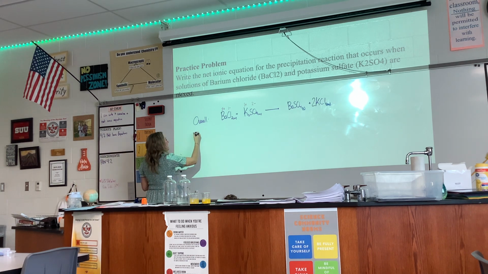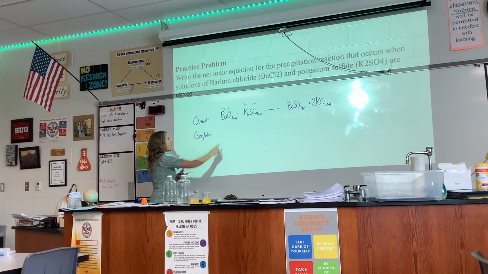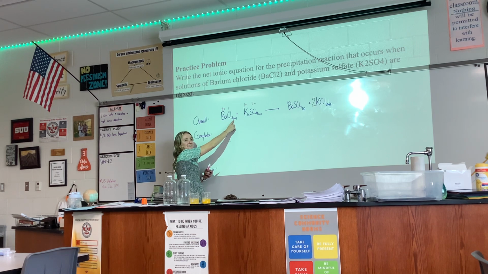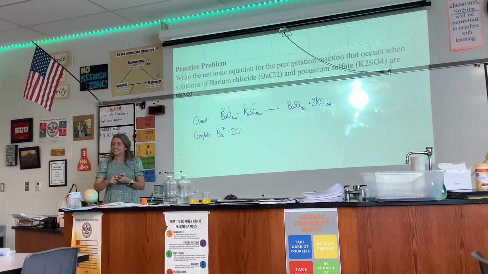Okay, we're now going to write the complete reaction, which is once again kind of the molecular view of: are these things as they are written or are they actually apart? If it is aqueous, then it's not really BaCl2, it's actually going to be Ba2+ and 2 Cl minuses.